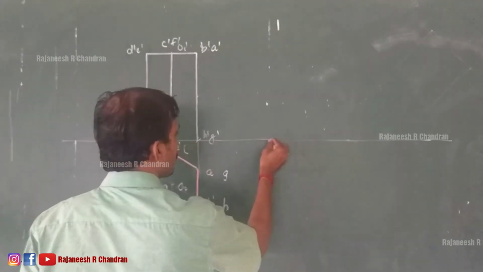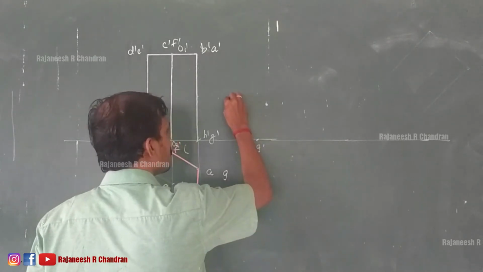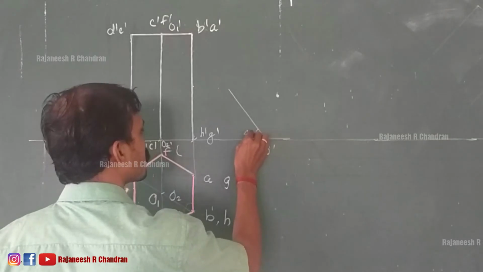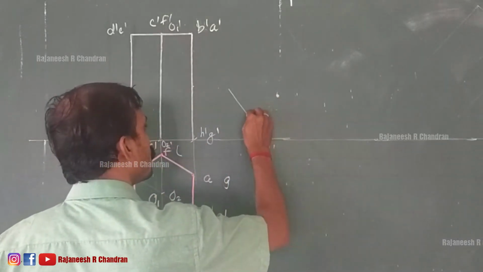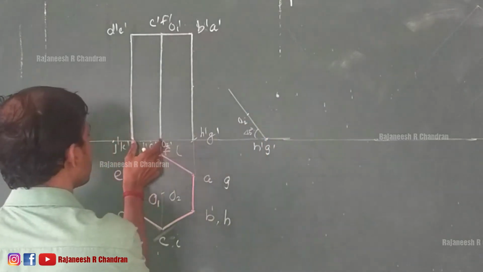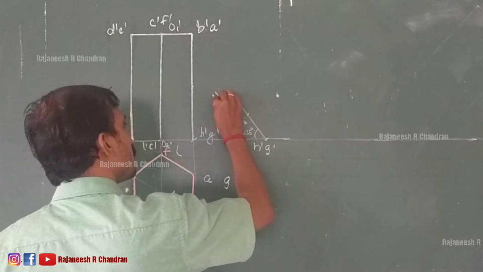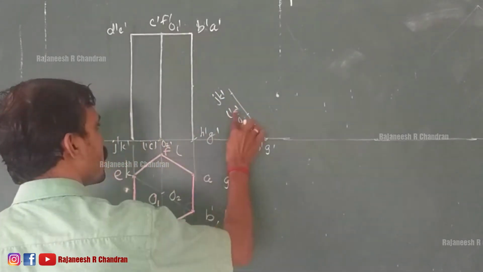Select a point and name it as H dash G dash at an inclination of 45 degree. Then take this distance, mark O2 dash, then take this distance, mark J dash, K dash, and this is L dash.